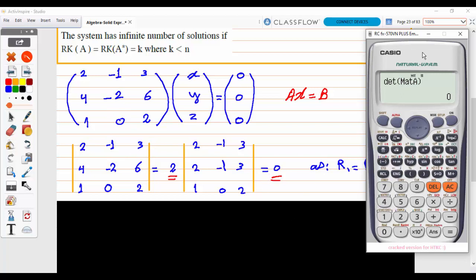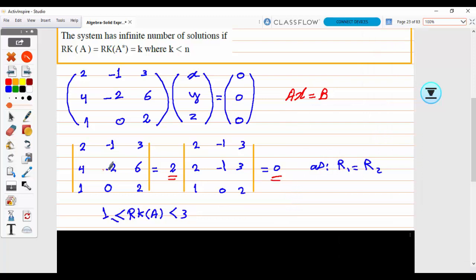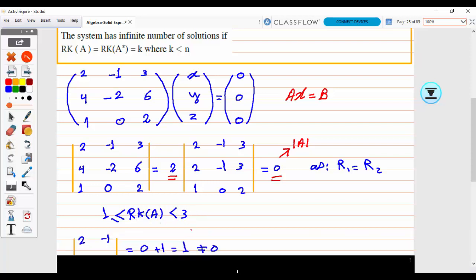Okay, now we complete the solution. Here we have determinant of A equals 0, not a number. So the rank of A is less than 3. It's maybe 2, or 1. How do we get it?